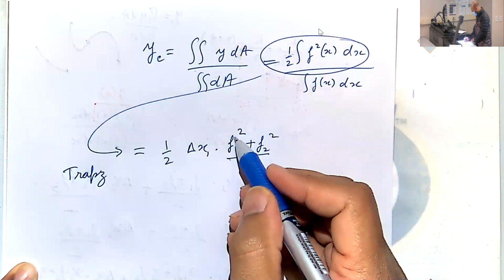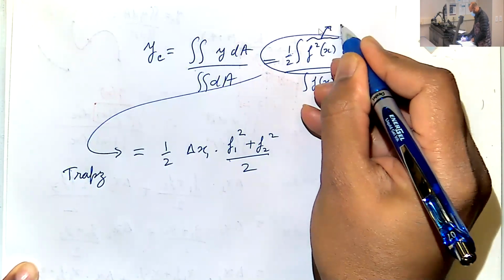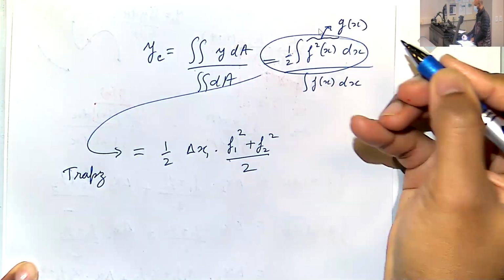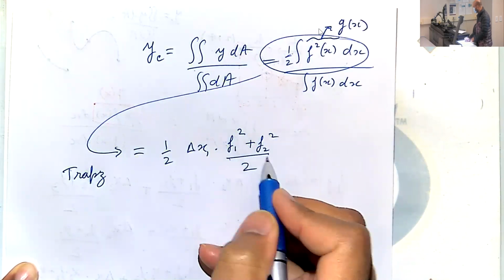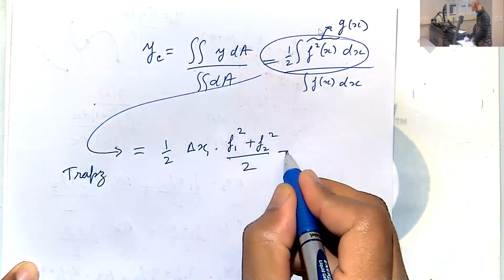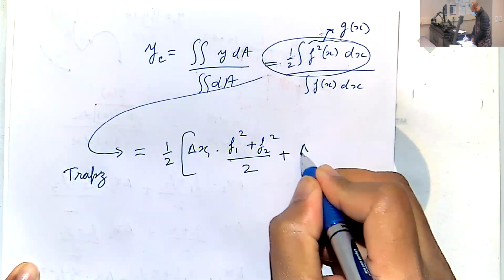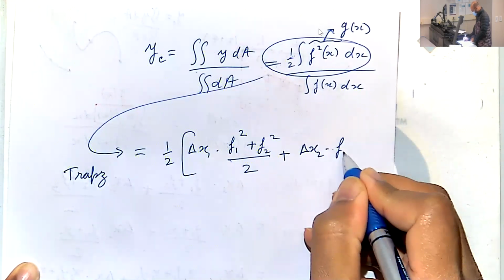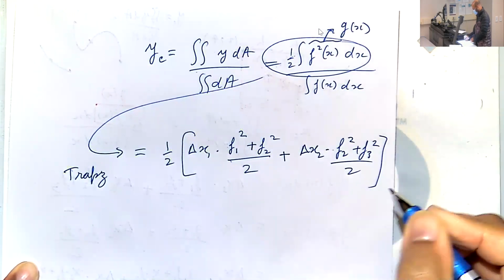Again, anytime you find this confusing, just replace this thing with G. Okay, so this is G1 plus G2. G1 is F squared. So what's the next guy? Yeah, see, same.